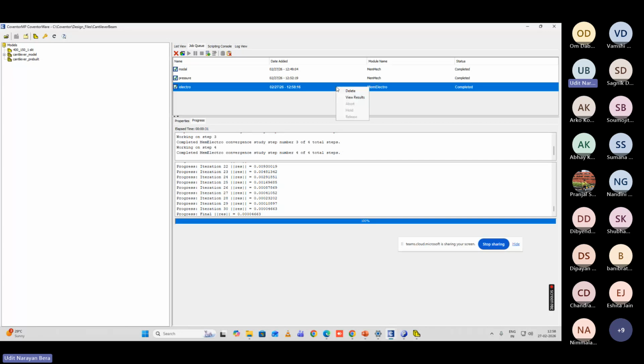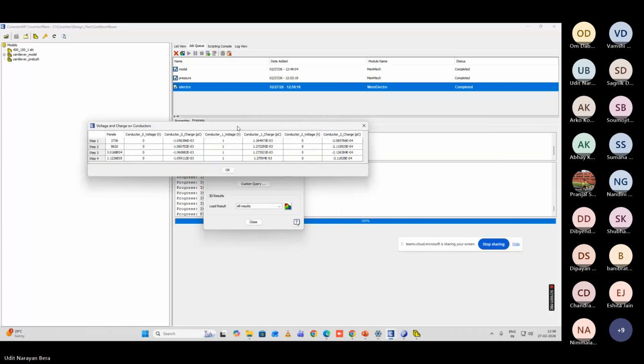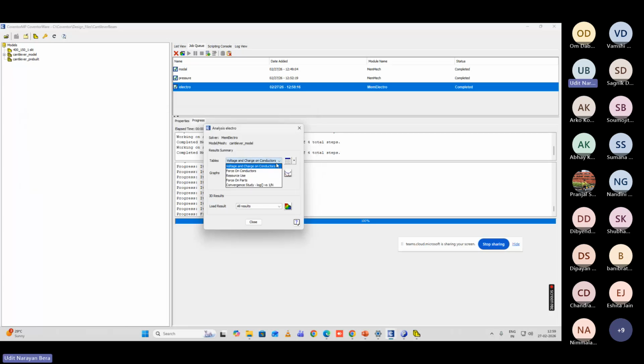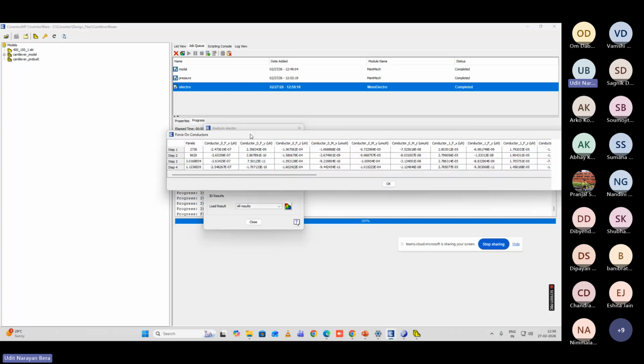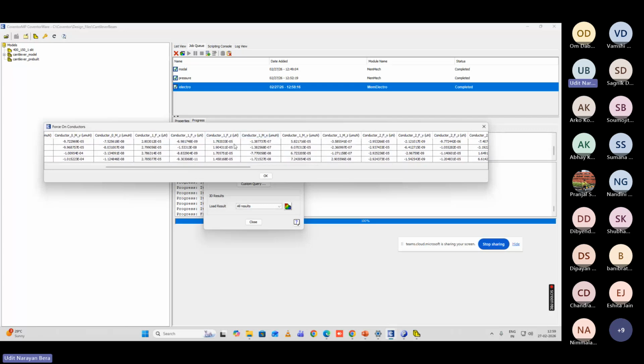So let's check the answer, view result. What are the things you can get from here? You can see that is the charge. Now let me show you the force on conductor. From this table, you can see that in conductor 1, in Z direction, a micronewton force is getting applied to your cantilever when you apply 1 volt to your cantilever.